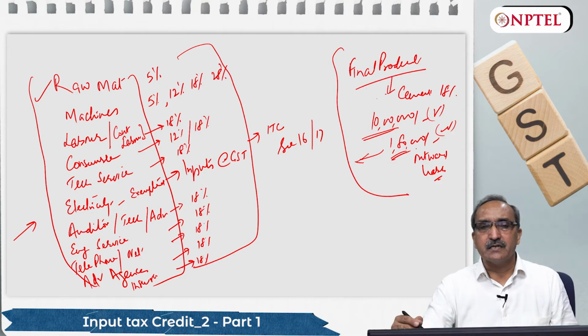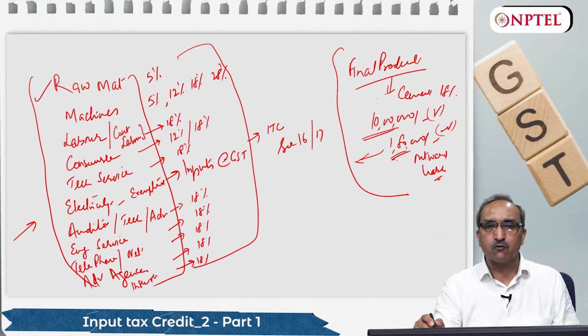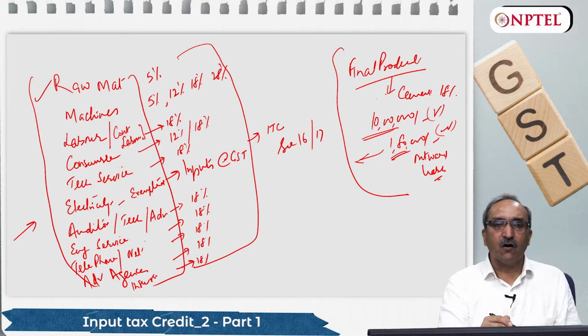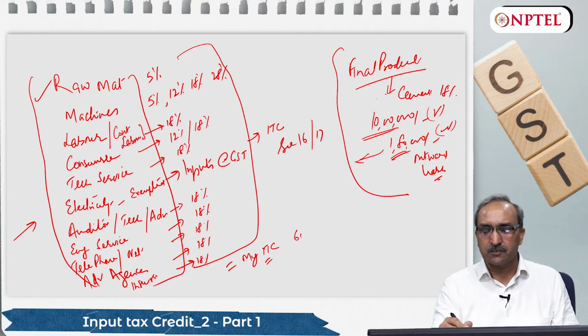So here my liability is 1,80,000 rupees for a particular month or a particular tax period. So friends, during this tax period for which my liability is 1,80,000 rupees, I have to work out all these things. How much is my ITC out of these procurements? So my ITC, let's say, is 60,000 rupees.